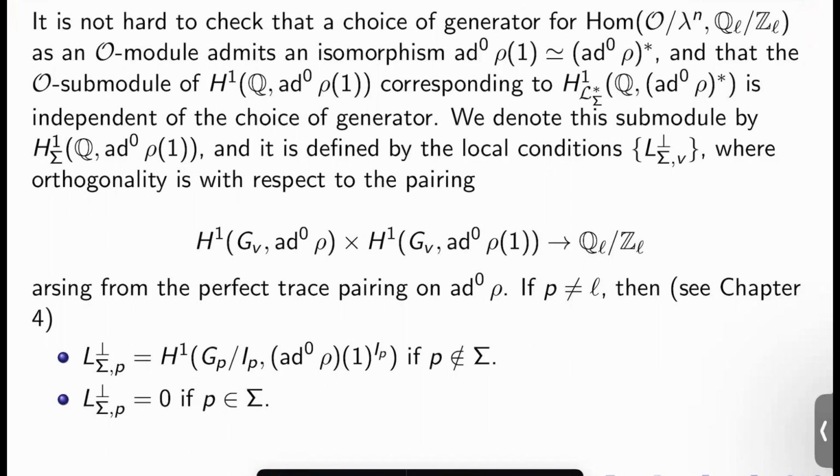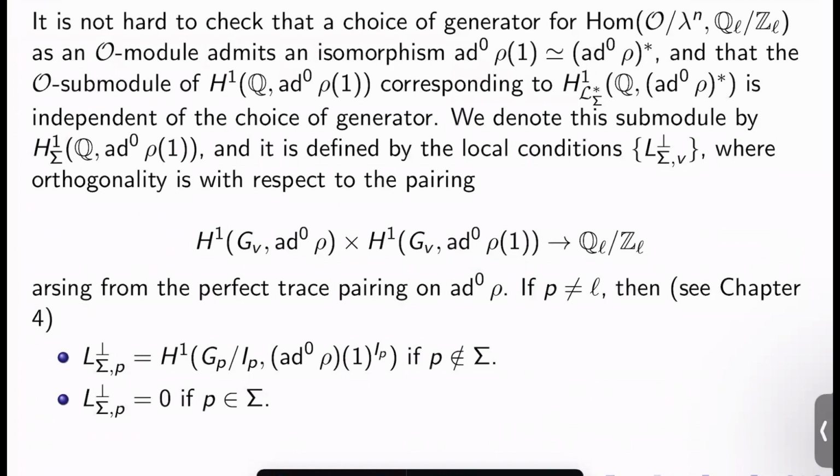Now, this is also defined by a family of local conditions, L perp sigma V. We talked about orthogonality of local conditions back in chapter 4, but I'll just tell you the orthogonality here is with respect to the pairing H1GB add 0 rho cross H1GB add 0 rho of 1 to QL mod ZL.